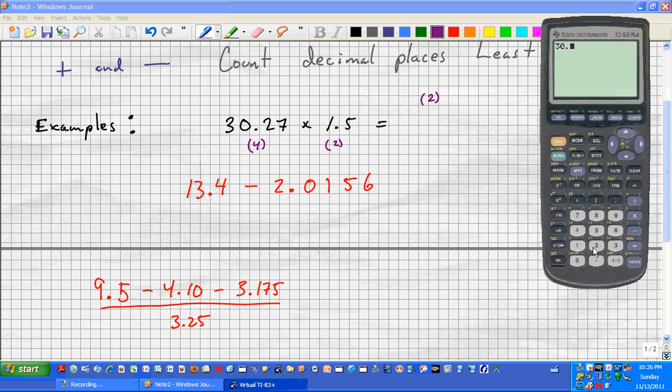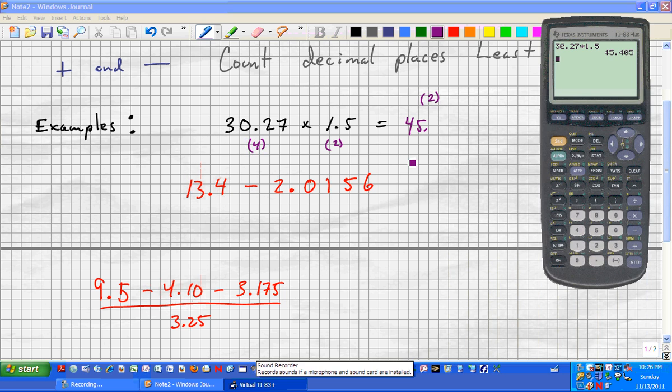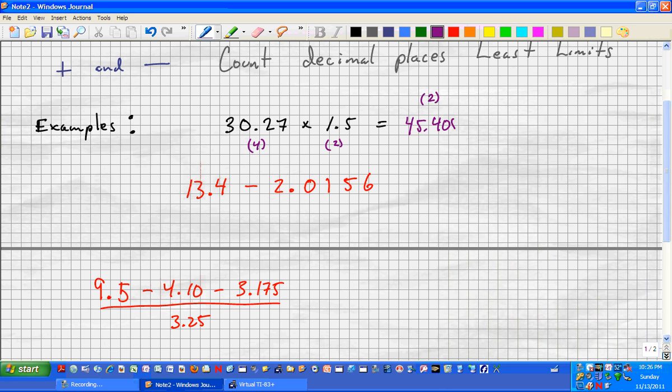So I've got 30.27 times 1.5, which is going to be equal to 45.405. 45.405 is going to be my calculator answer.